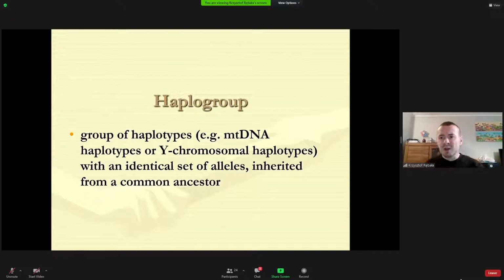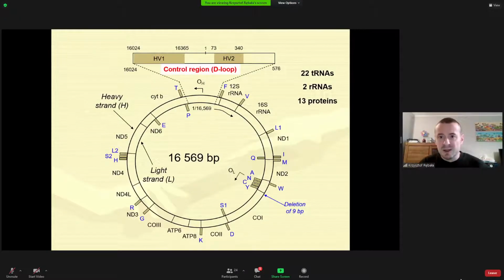So, for example, if my Y chromosome and the Y chromosome of Casper, just the first person which I can see on the list, are the same, they have the same set of values at different positions, it means that Casper and I had a common ancestor. So we belong to the same haplogroup, which means that we come from the same paternal ancestor.